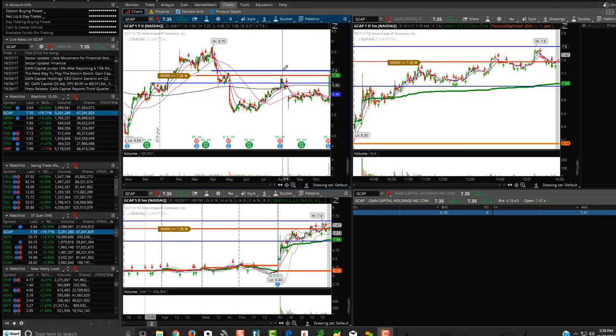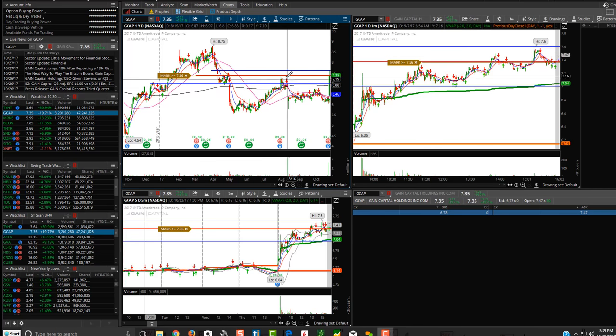To give you an example, if I entered here at 736, knowing there's potentially resistance, let's say at 750 or 760, I'm going to say at 750, there's a chance to make 14, 15 cents there before I hit resistance.